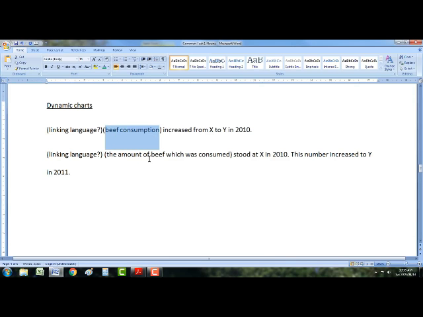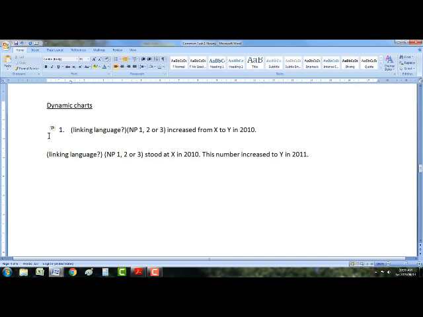So actually I can just make this look like noun phrase. Just make it look like that. Noun phrase 1, 2 or 3 can go in there. Noun phrase 1, 2 or 3 can go in there. Great. Let's call that number 1.